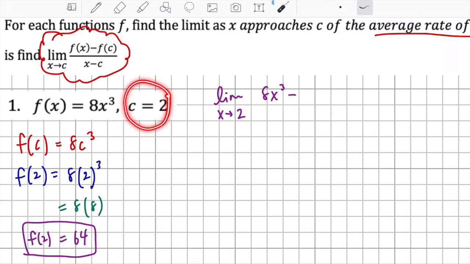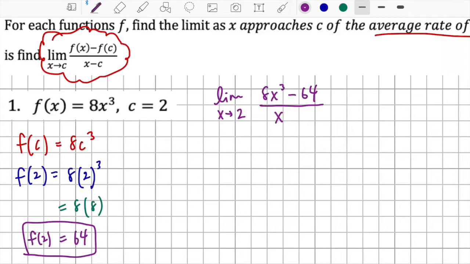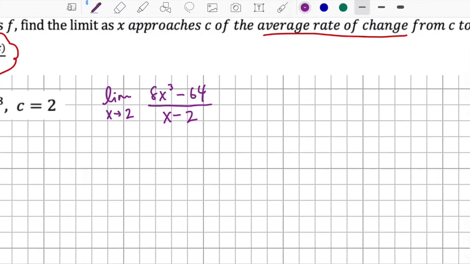But remember, c is 2. That's why I wanted to calculate it outside over here. So f of c is going to be my 64. So I'm going to plug it in here, 64, divided by, and now if I keep looking at the average rate of change, it says x minus c. Again, x minus c. And instead of c, because c is equal to 2, we're going to write 2. That's how we set it up.